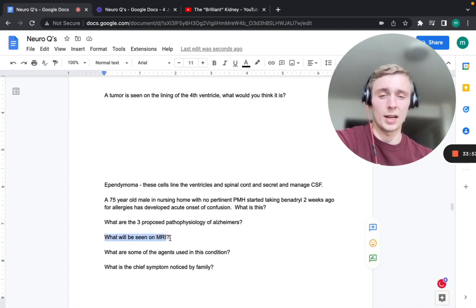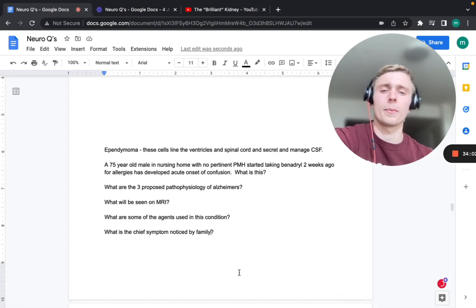What will be seen on MRI for Alzheimer's? What are some of the agents used in this condition? And what is the chief symptom noticed by the family? And of course, what is this guy up here experiencing?